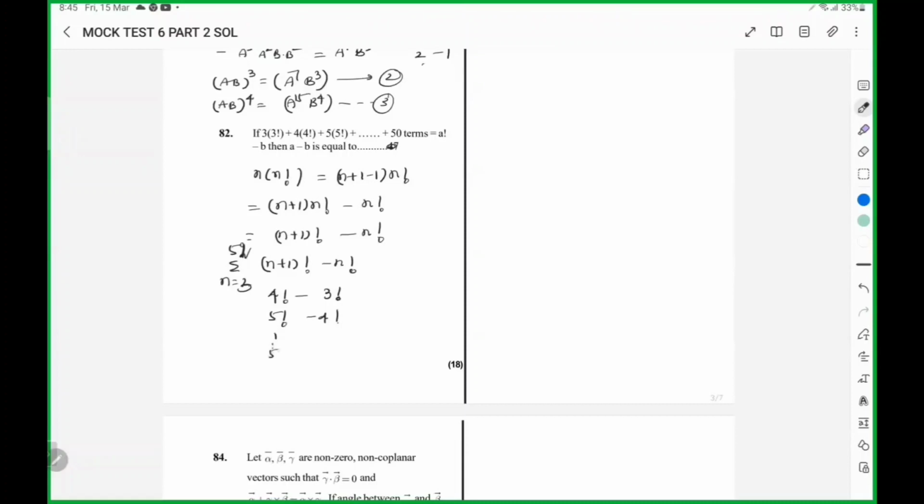You get 53 factorial minus 52 factorial. Like this, all get cancelled out. 53 factorial minus 6. Then, which is a factorial minus b. A here is 53, b is 6, a minus b will be 47.